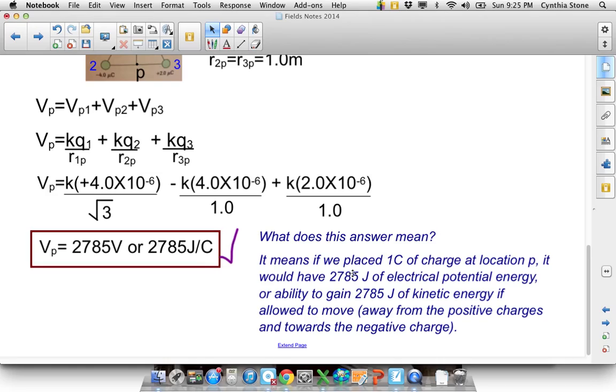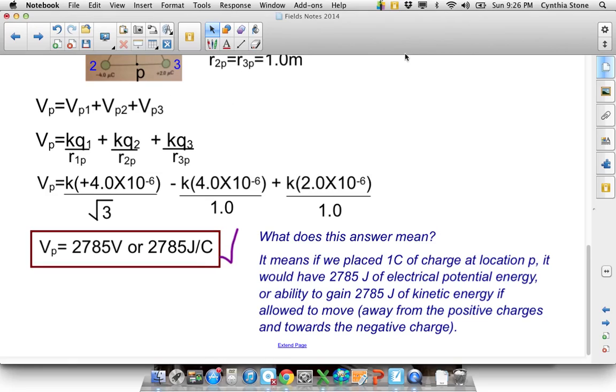And that means that if I put 1 coulomb of charge right here and it was free to move, it would have the ability to gain that much kinetic energy. So that's a little look at potential energy.